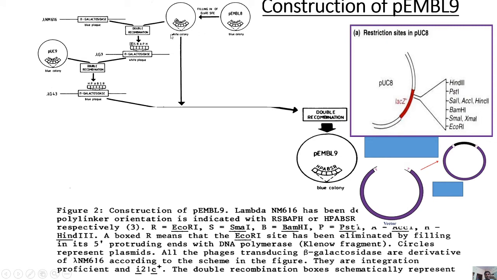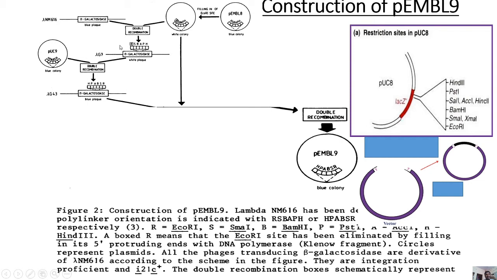Then the lacZ region of pMBL8 may be transferred to lambda NM616, and this region may be transferred into pMBL8. So a double recombination process has occurred between these two.